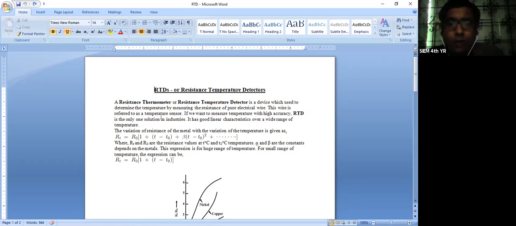Now if we want to measure temperature with high accuracy, in some applications a certain precision level is needed to measure the temperature.